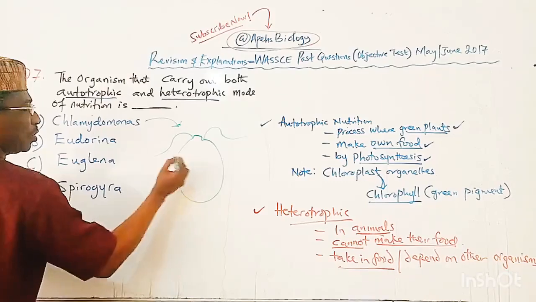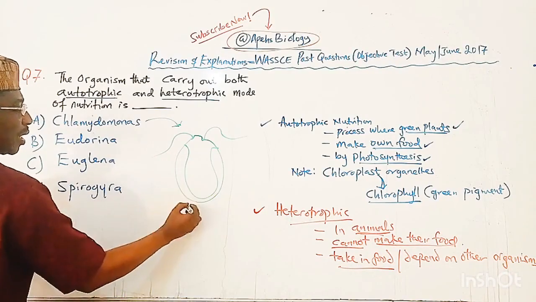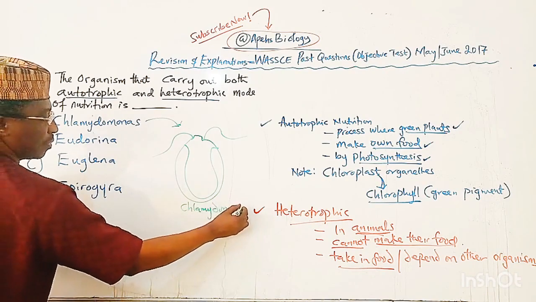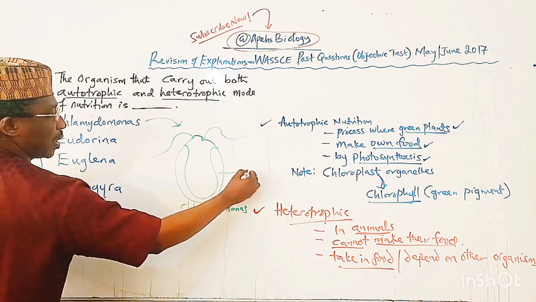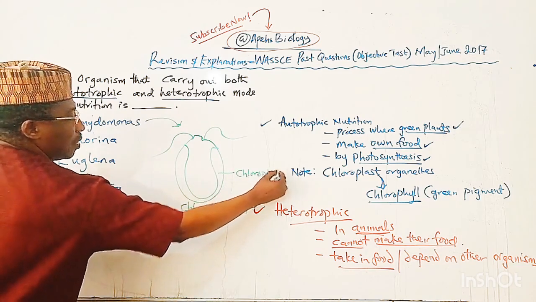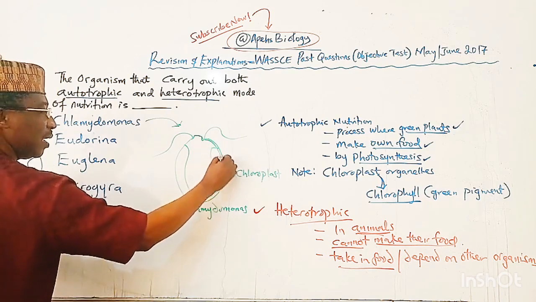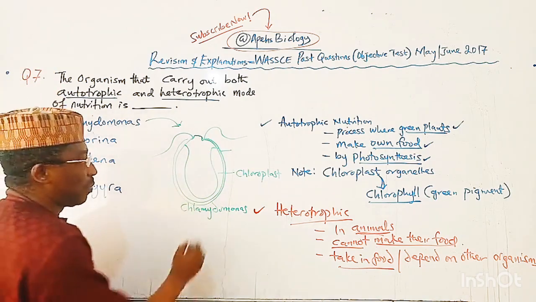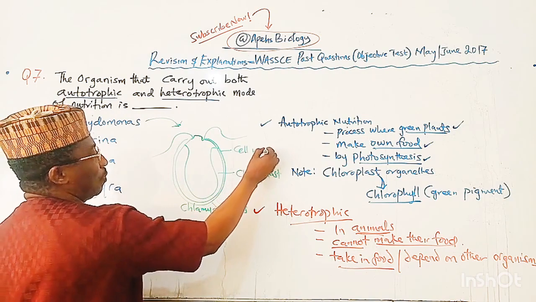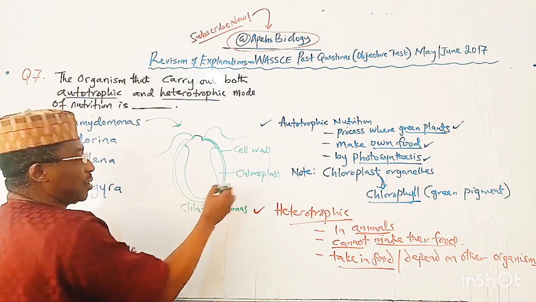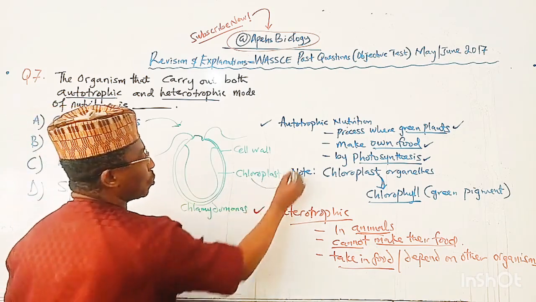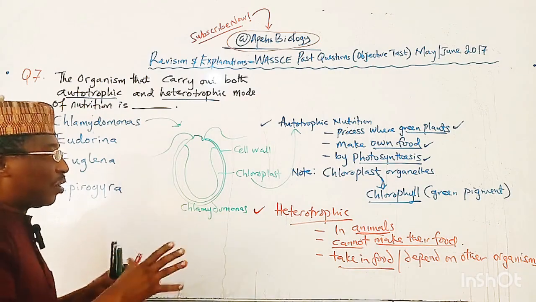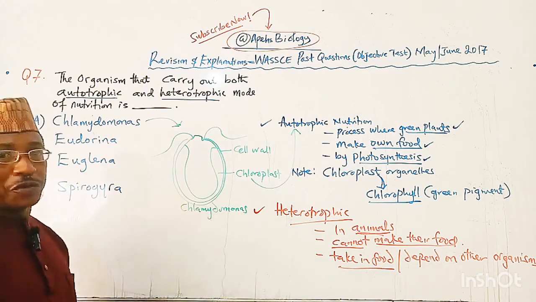It has a structure called chloroplast, and a layer around it called the cell wall. Chlamydomonas uses this chloroplast for autotrophic nutrition, so it cannot in any way carry out heterotrophic nutrition.